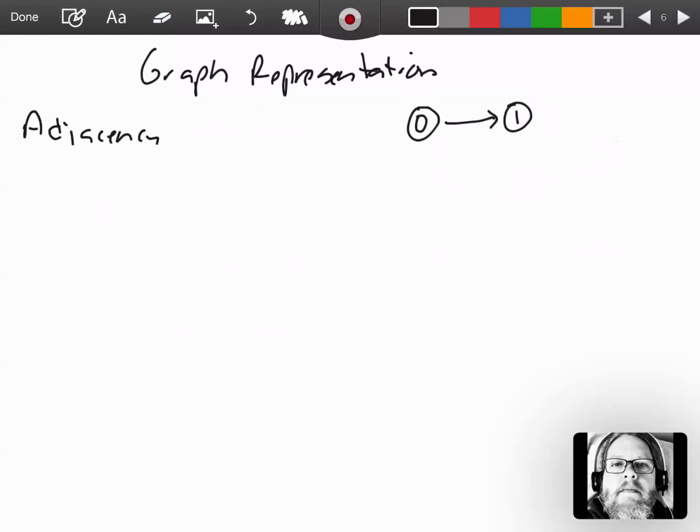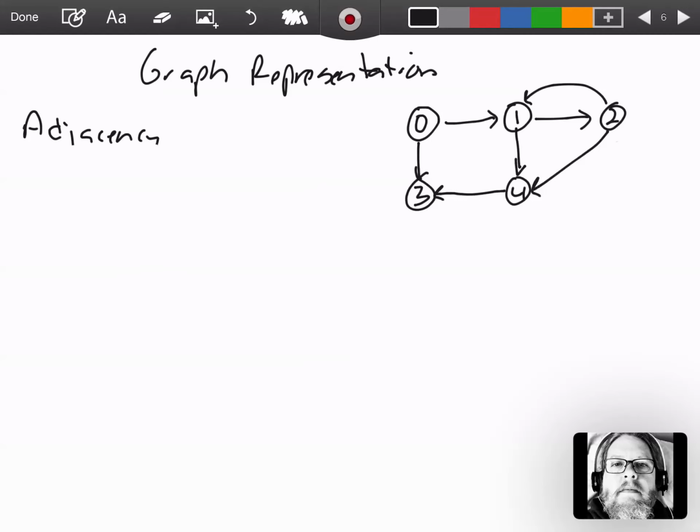And note these are directed graphs, which can go to a 2. The 2 can go back to the 1. There's a 3 to get to from there. There's a 4, which can go to there. We go from 1 to 4, and we can go from 2 to 4.